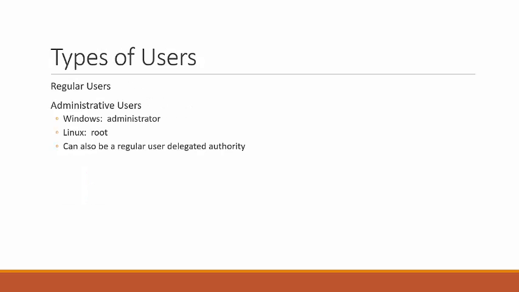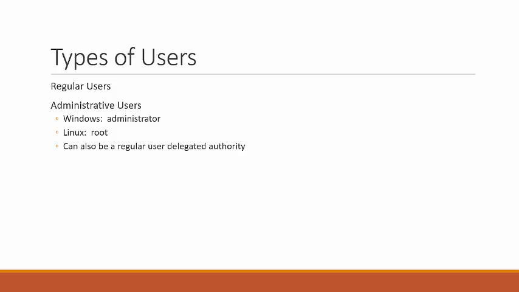So I used this term earlier when I mentioned regular users. What is that? Well, for our purposes, we can define our users into two broad groups. The first group are just regular unprivileged users. That's Bob, Sally, Sue. These are the users of the system. They only have access to their own resources, and they have no control over the system itself.